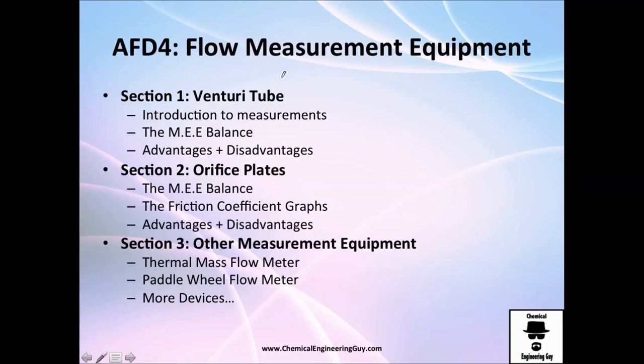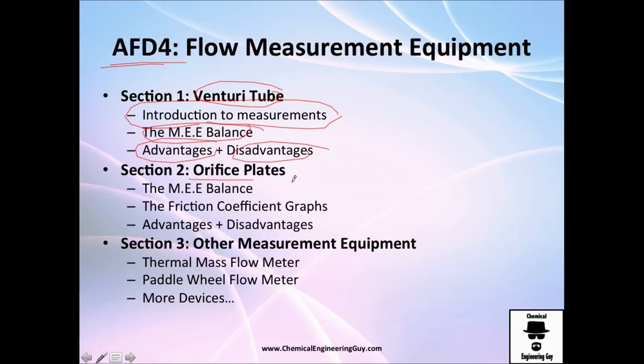I told you before about measurement equipment, so we're going to check this in AFT block number 4, section number 1, the venturi tube. We're going to check out the introduction and how to do a mechanical energy equation balance, and why it is good to have a venturi tube and why it is bad, or its disadvantages.